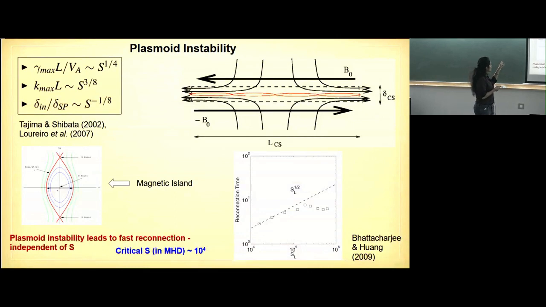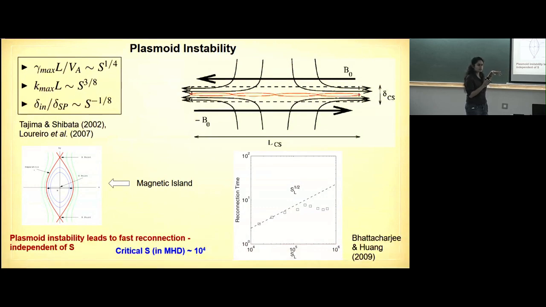Originally, it was formally derived by Loureiro et al. And what they did is to take this kind of model where you have a current sheet, and there are, again, oppositely directed magnetic fields, and there are also flows in the system. The difference from the previous picture that I showed you is that the dimension of the current sheet here is of a particular dimension.